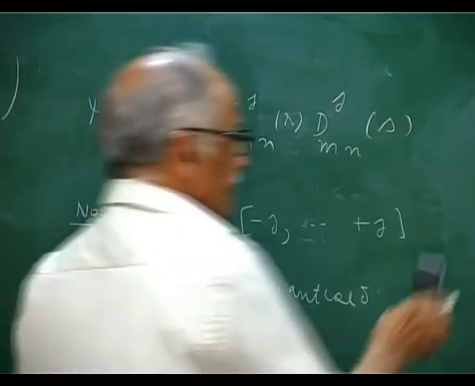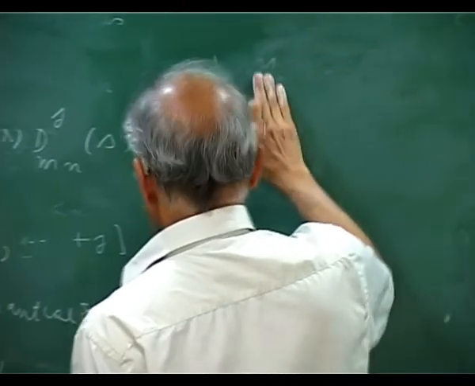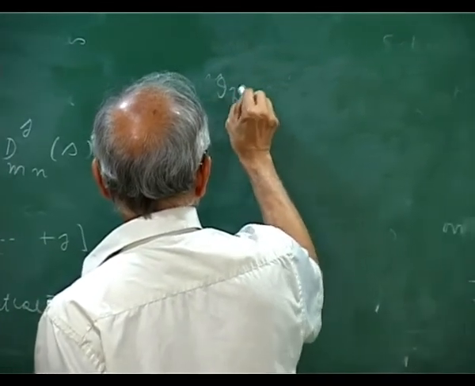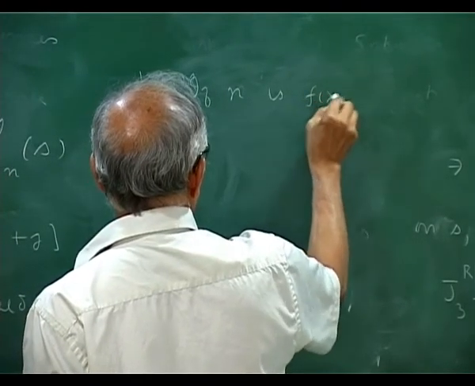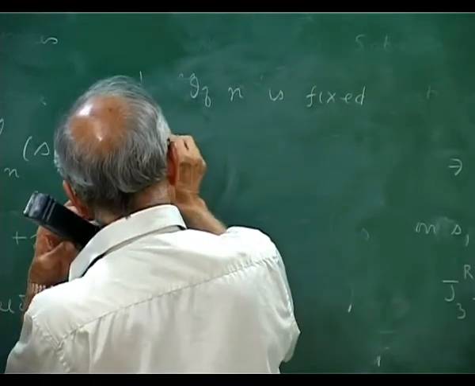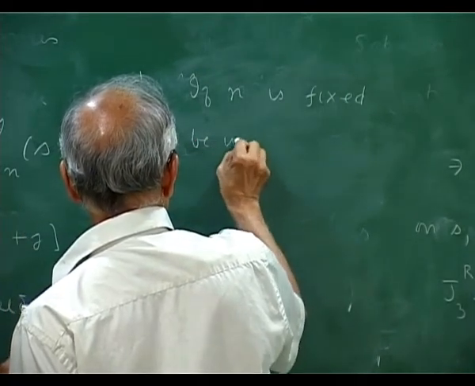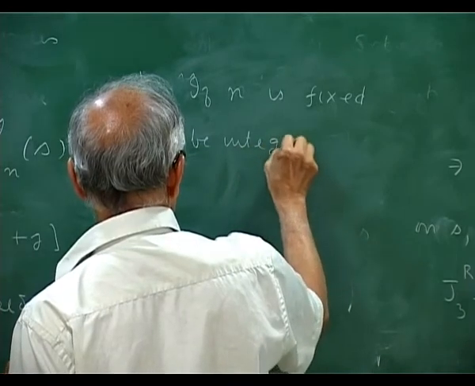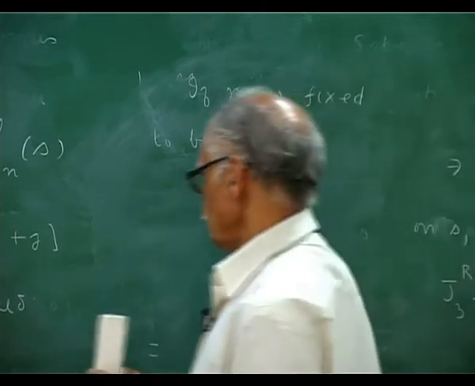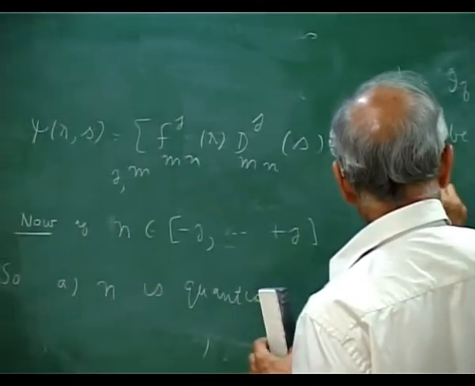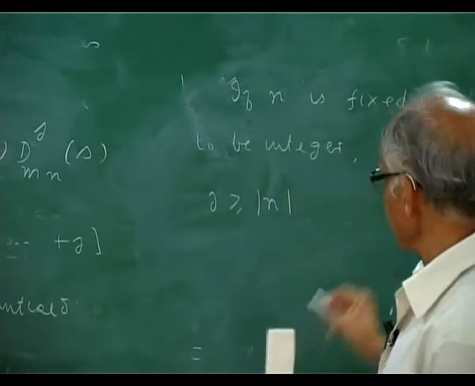If n is fixed to be an integer value, then j should be greater than or equal to mod n, and integer.